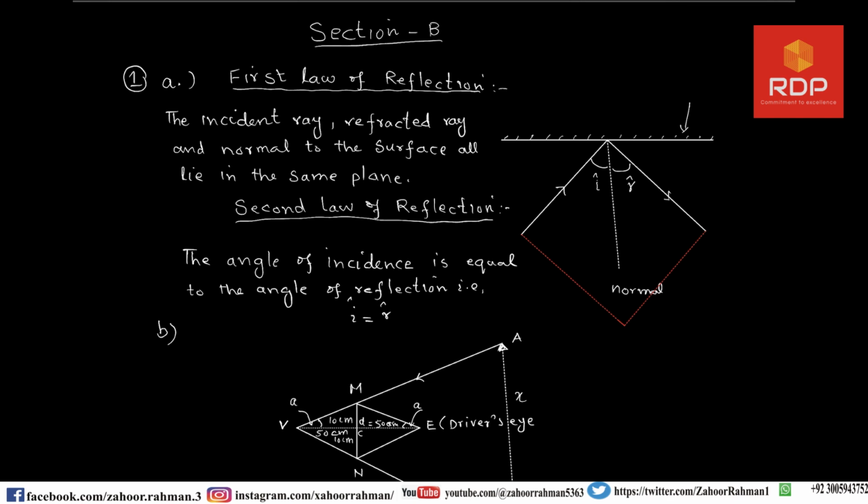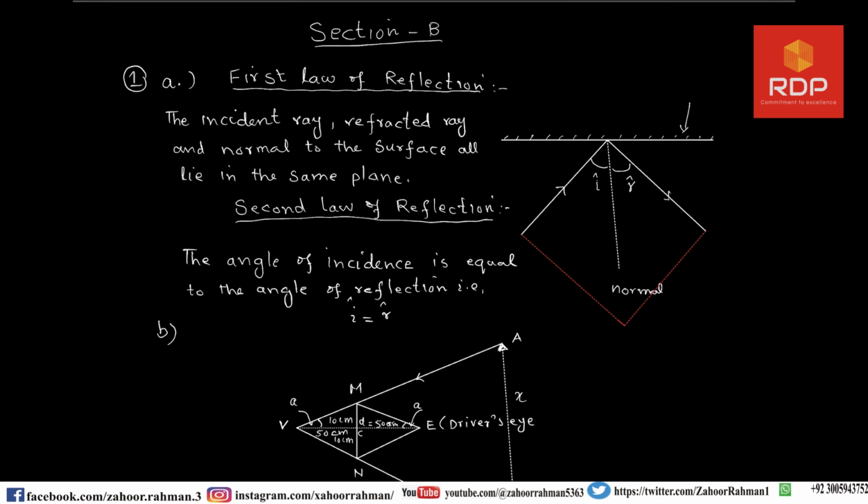the reflected ray. So the first law of reflection says that the incident ray, reflected ray, and normal to the surface all lie in the same plane.